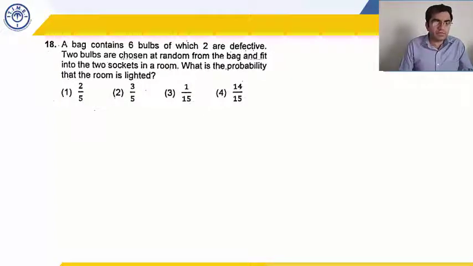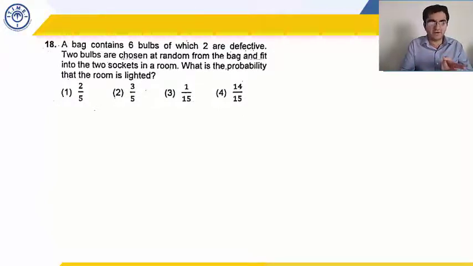Basically, for the room to be lighted, you need at least 1 bulb working, because the question does not tell you that for room to be lighted, both bulbs need to be working. So just 1 bulb working is fine. So if you want to select 2 bulbs, what are the options that you have? First option, both are working.